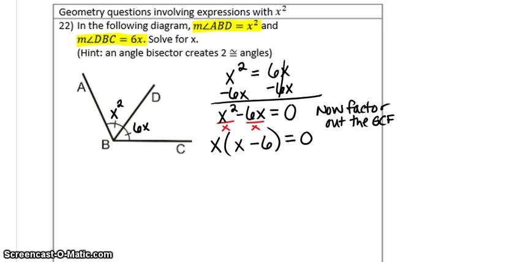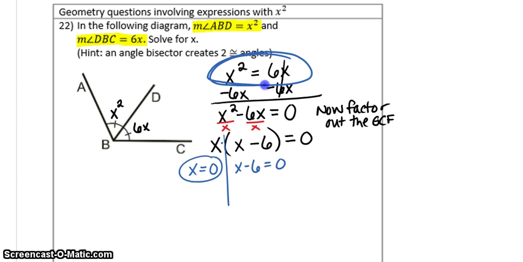At this point, I'm ready to actually find my solutions for x. I know that in order for x times x minus 6 to equal 0, I have two choices. Either x equals 0 or x minus 6 equals 0. x equals 0 ends up being one of the solutions that satisfies my original equation from the beginning.